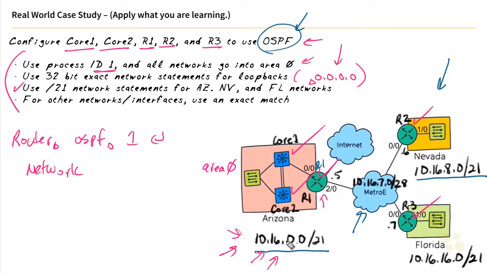And for the purposes of this exercise and also for best practice, let's go ahead and give them what they want. So instead of using a really wild wildcard mask, we'll use a wildcard mask that exactly matches for the 10.16.0 network here, and 10.16.8 up here, and 10.16.16 here, all with a 21-bit mask. And then for other networks, if we need to include any of their interfaces and their associated networks, they want us to use network statements with an exact match.